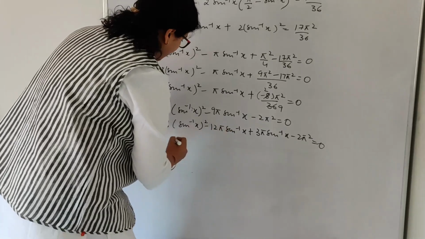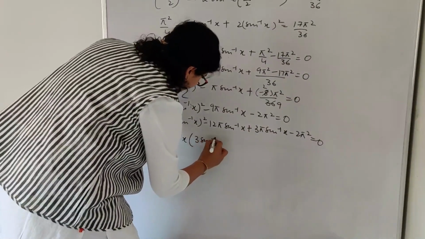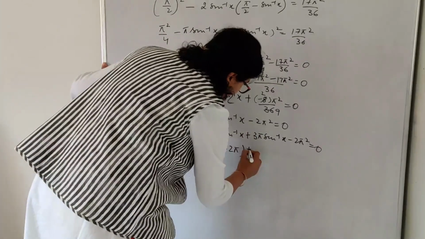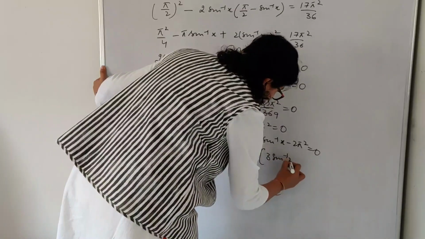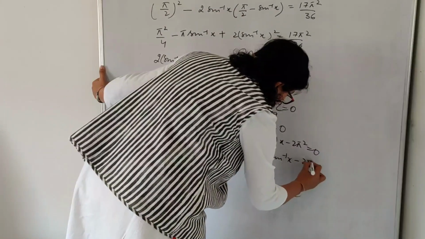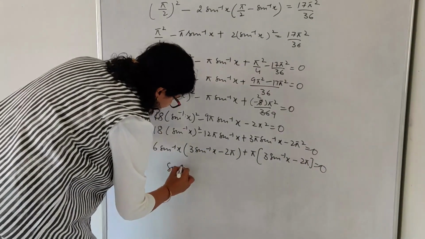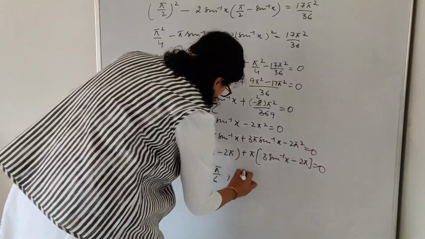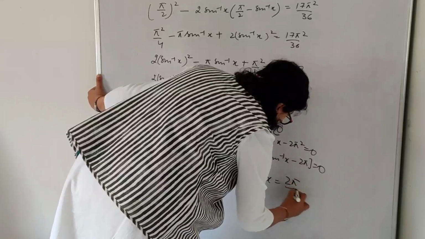So now from here I can take out 6 sine inverse x common, 3 sine inverse x minus 2 pi, and from here I can take out pi common. So 3 sine inverse x minus 2 pi, which is equal to 0. So I am getting sine inverse x is equal to minus pi by 6 and sine inverse x is equal to 2 pi by 3.